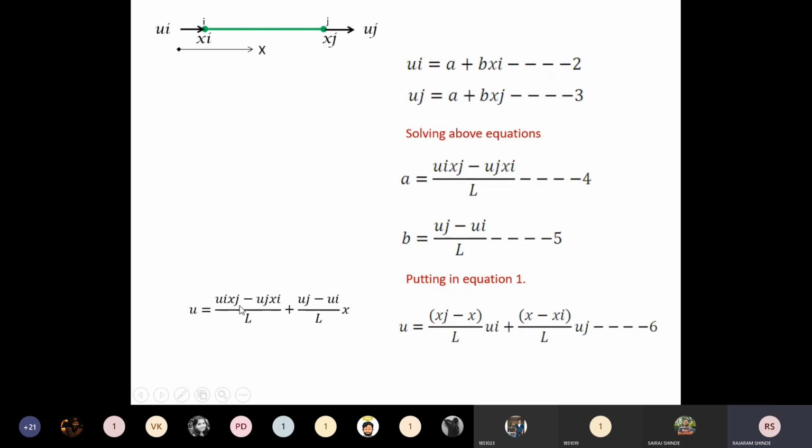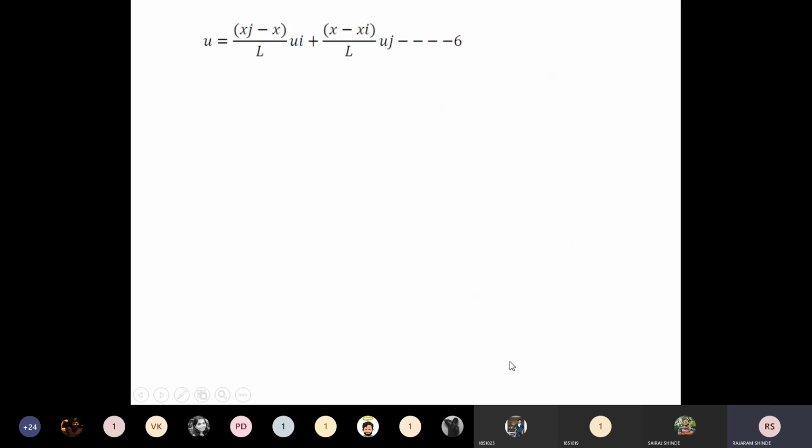For ui, xj minus x is a coefficient, and for uj, x minus xi is a coefficient. So I have written xj minus x divided by l into ui plus x minus xi divided by l into uj. After writing this, we have assumed this as a shape function Ni, this as a shape function Nj. For the same equation, I have written here Ni ui plus Nj uj.